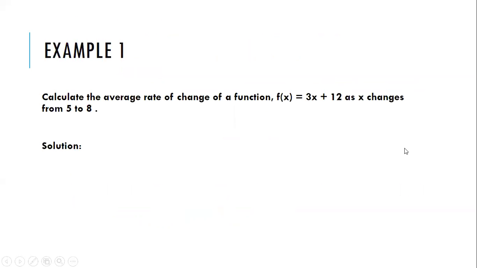So here's our example. Example 1 is a linear function. We have f of x equals 3x plus 12, and we want to find the average rate of change as x changes from 5 to 8. The first thing you're going to do is identify your A, which is the smallest number on the interval, and B, which is the largest number on the interval.